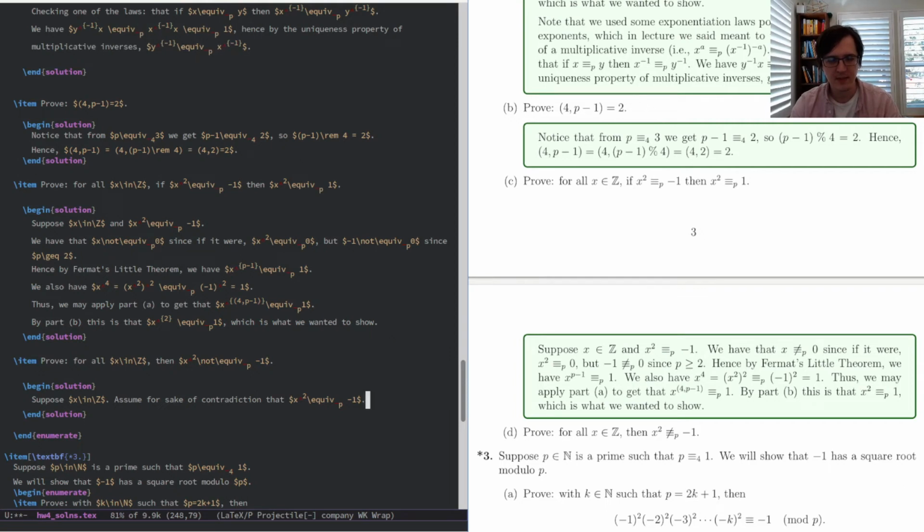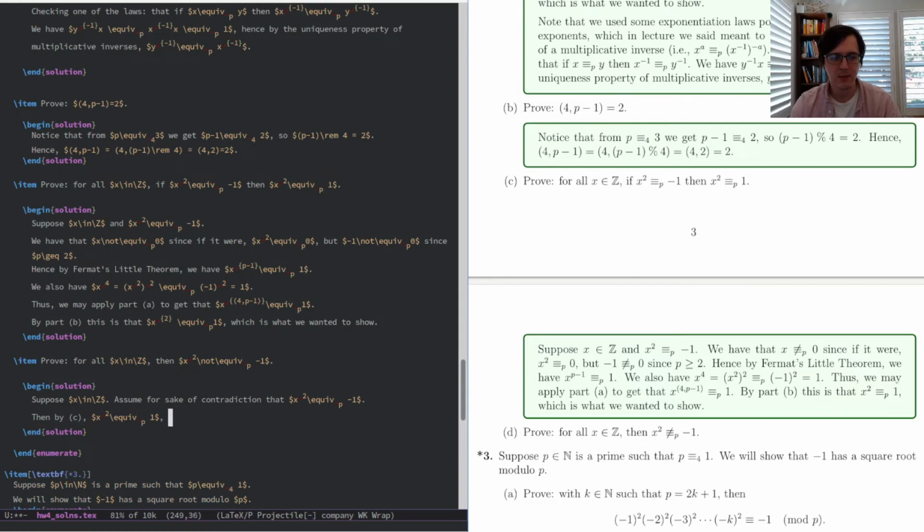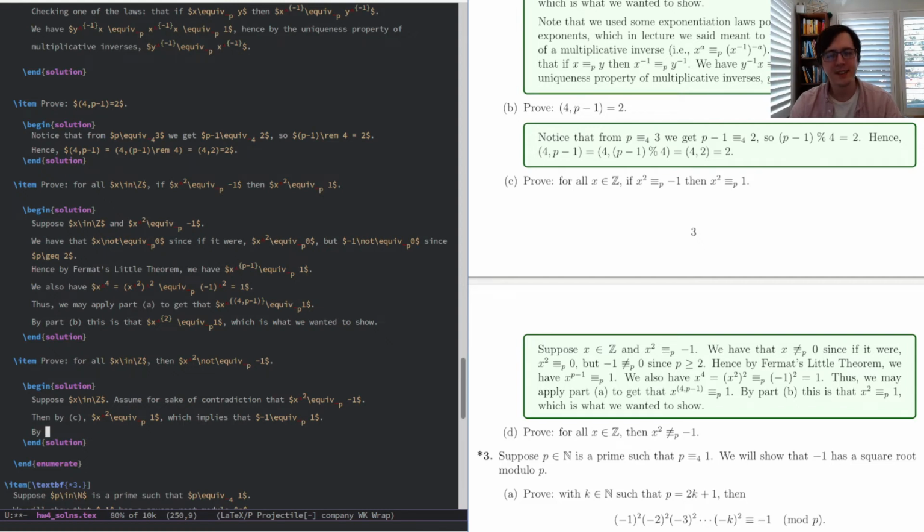So assume the opposite of the conclusion. Then by C, x squared is equivalent mod p to 1, which implies that minus 1 is equivalent to 1. There are a few ways of saying that this is impossible, and any of them work.